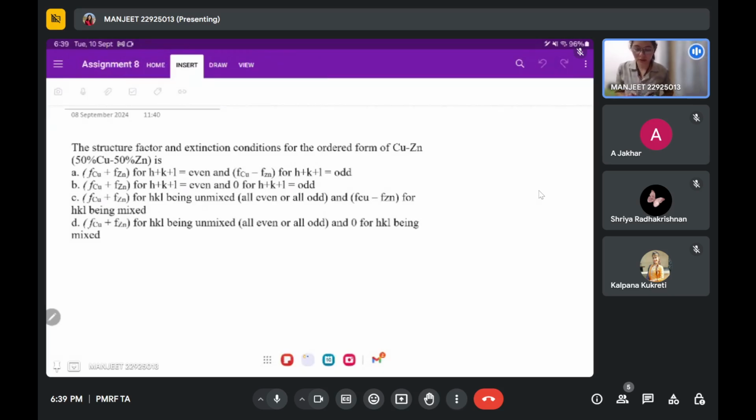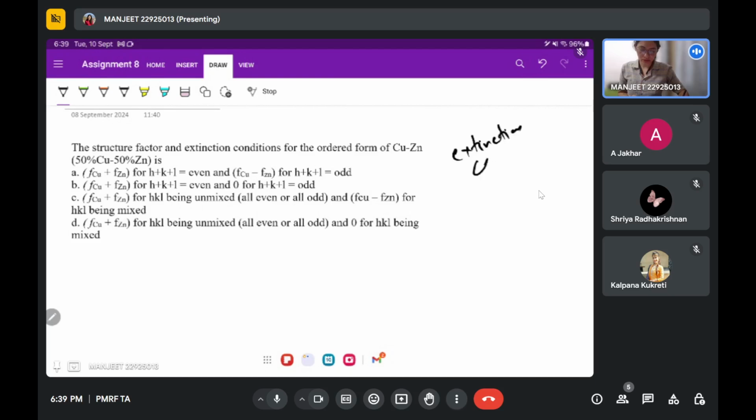You know this extinction condition: the condition that gives you the allowed HKL values, the diffraction condition that is satisfied, we call them the extinction conditions. This all even or the mixed one, these are the extinction conditions.